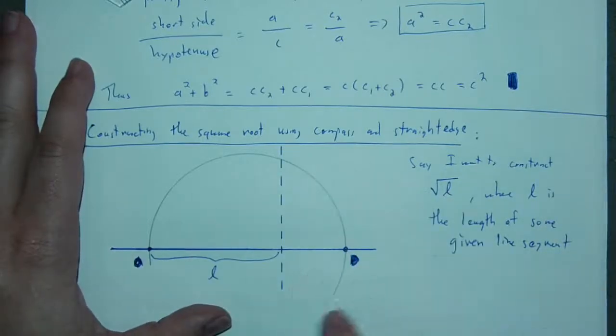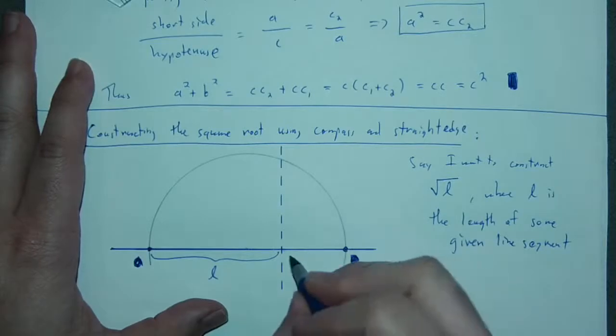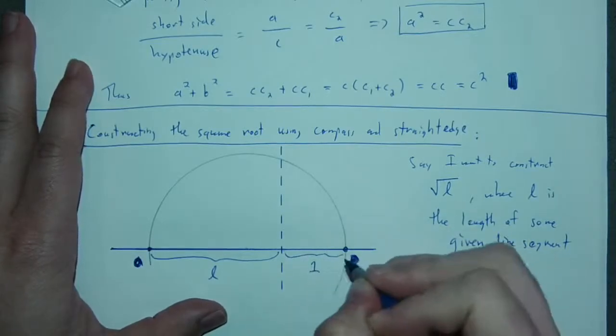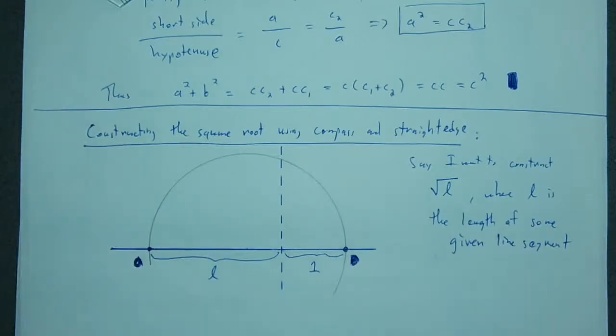I extend this length L in such a way that this distance is the unit length, 1. Now you see why this is something that you can't be given immediately. You would extend this as need be to unit length here.